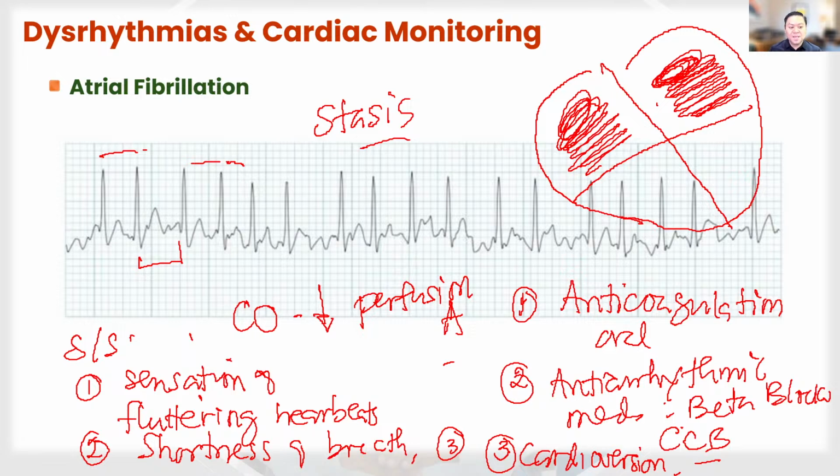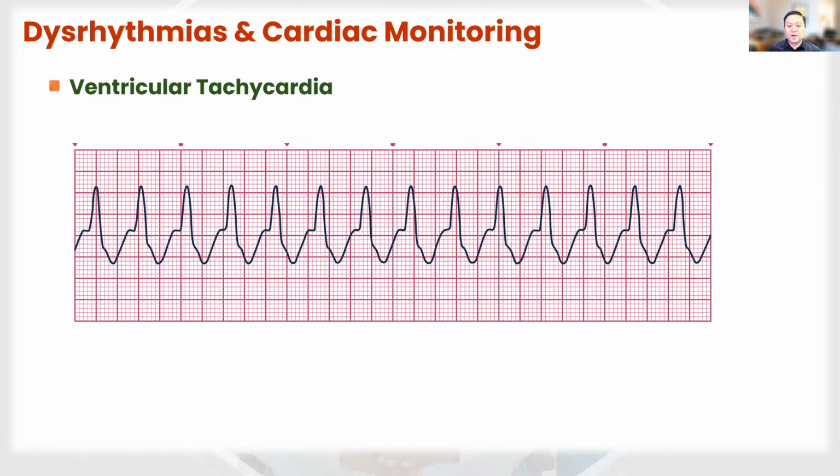Okay. Now we're going to move on to the next item here. We're going to talk about ventricular tachycardia. So what is this? This is a rapid heart rate that is originating from the ventricles of the heart.